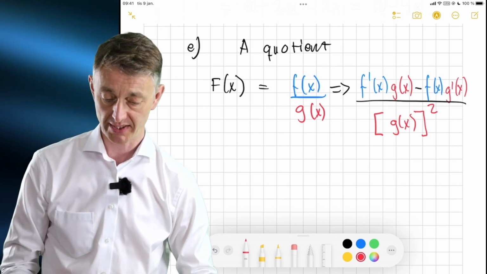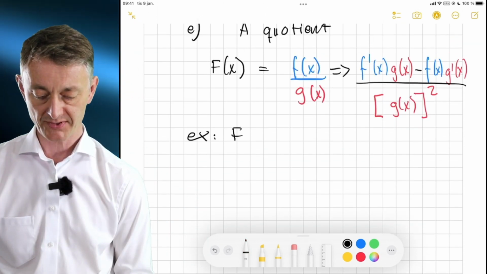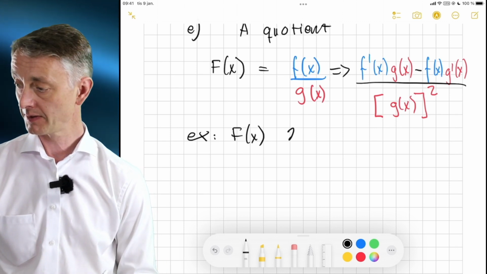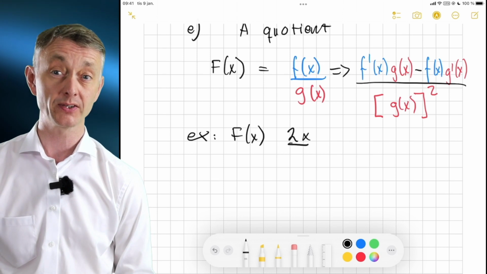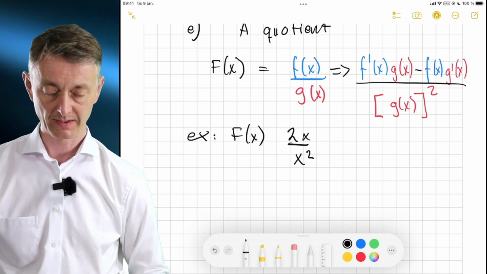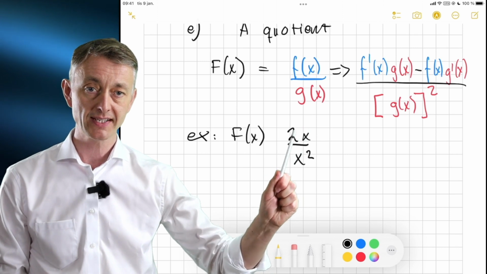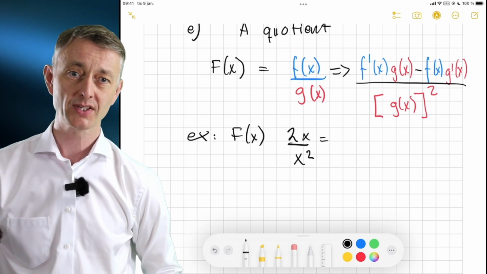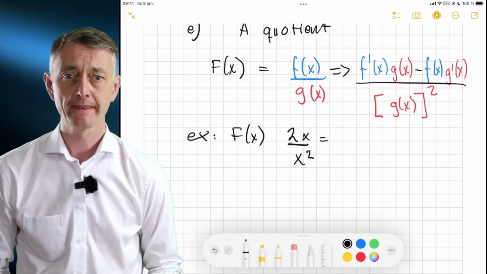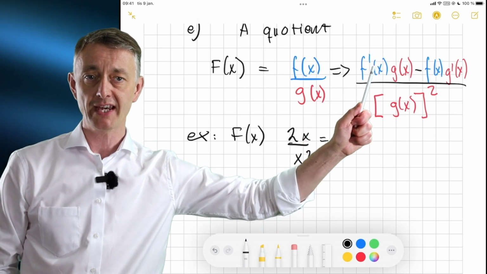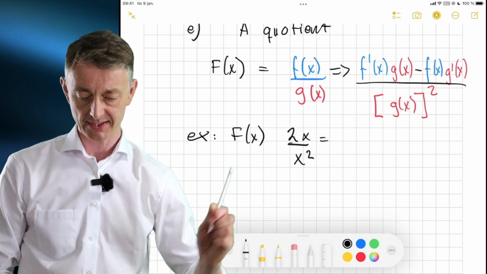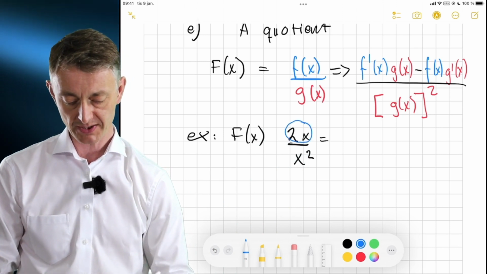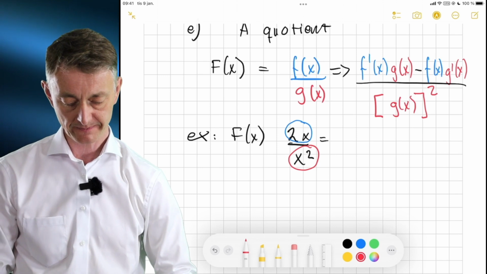So let me show you one quick example. So assume that f of x is equal to 2x divided by x squared. So up here we have f of x, and down here we have g of x. So then if we apply our rule, then we see here, okay, first we have the f prime of x, that's f prime of that, that's only a 2, right? Let's make that, so this is the blue part, this is the red part.